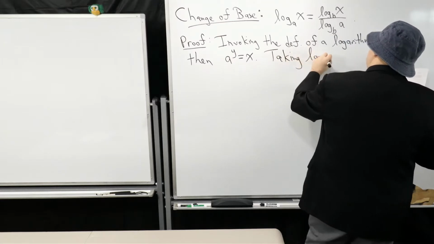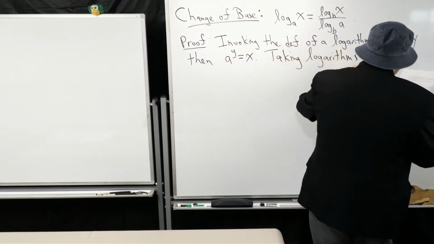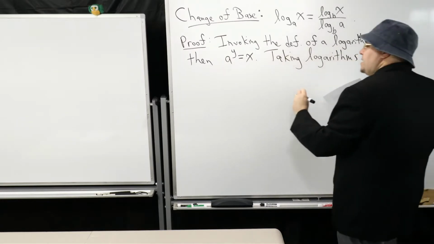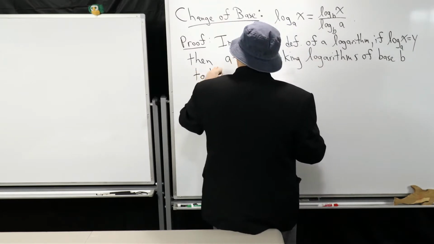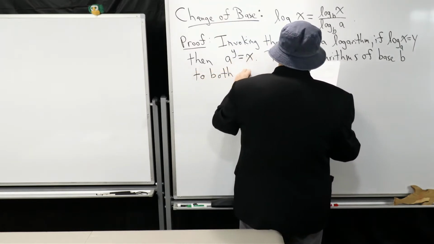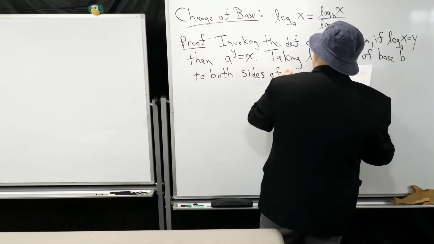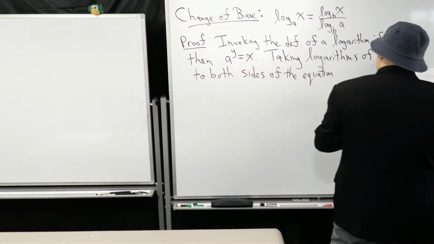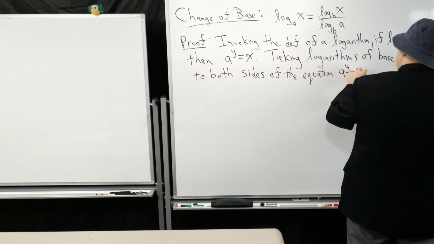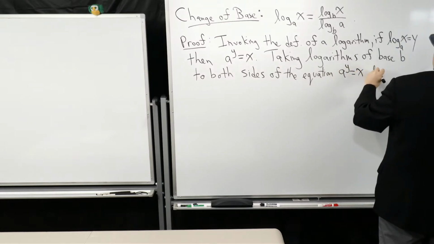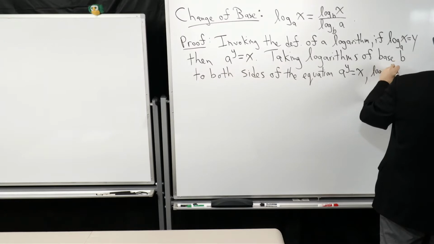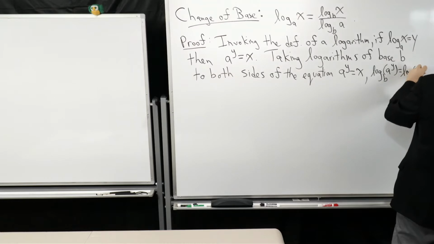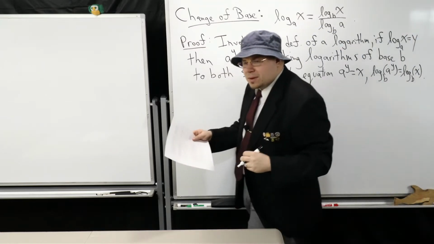Taking logarithms of base b to both sides of the equation a to the y is equal to x, you get log base b of a to the y is going to be equal to log base b of x. Right?